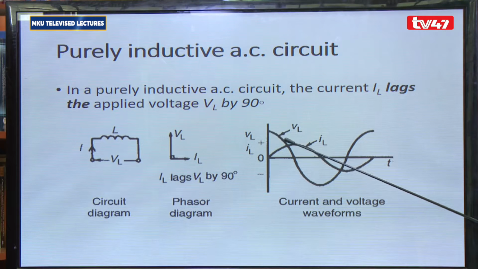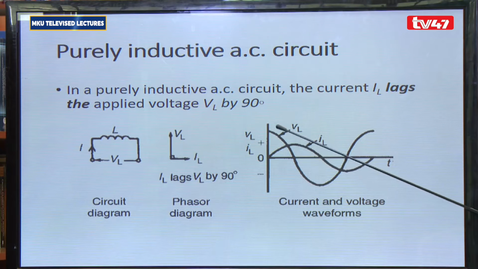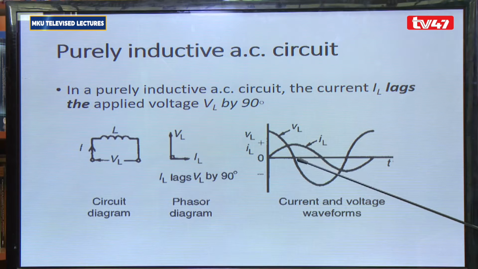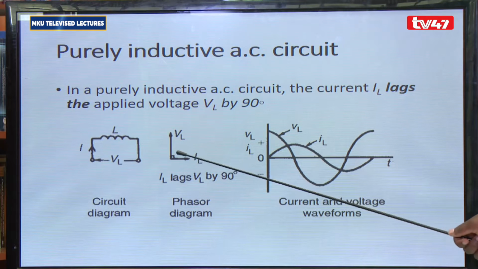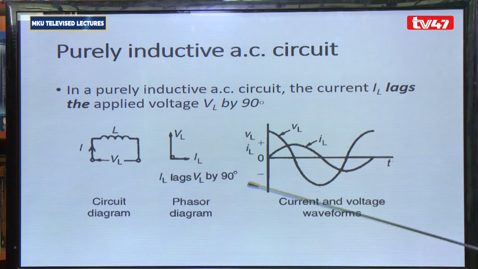And when they come to cross the x-axis, you see VL is crossing the x-axis first, then followed by IL. The difference between them on the x-axis is what gives us the phase difference. So we say they're out of phase. And this is the angle that we are giving here as 90 degrees. So this is the waveform showing the current lagging behind the voltage.